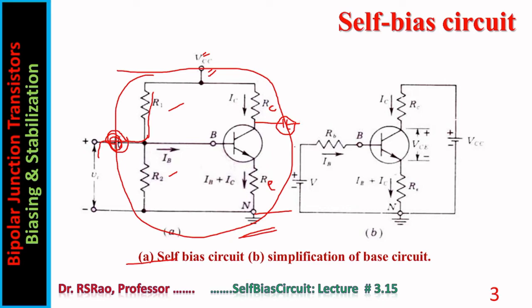For example, if the load happens to be an audio loudspeaker, then DC running through the coil of the loudspeaker generates noise, hissing noise.